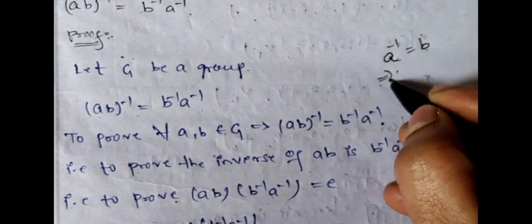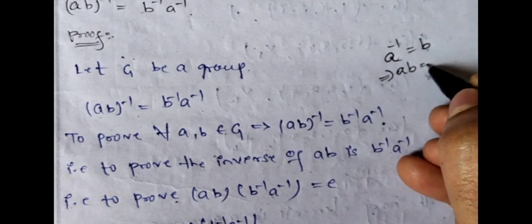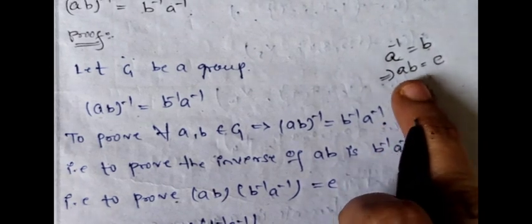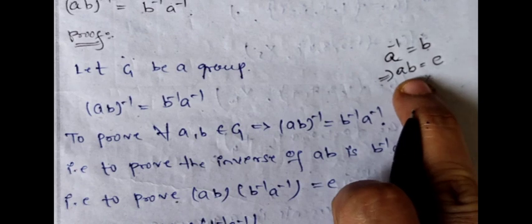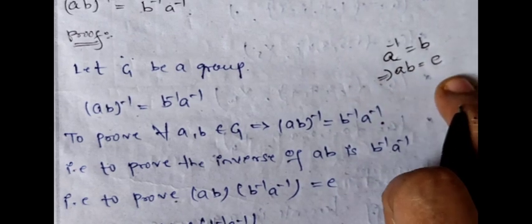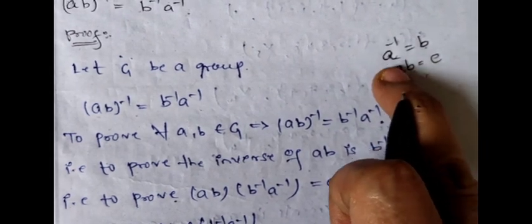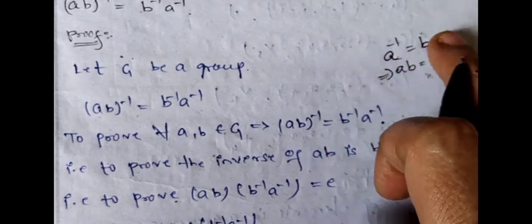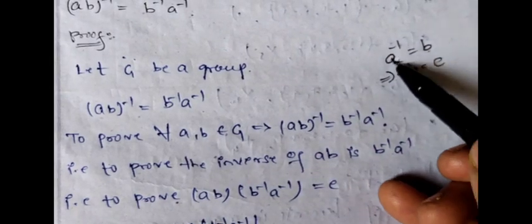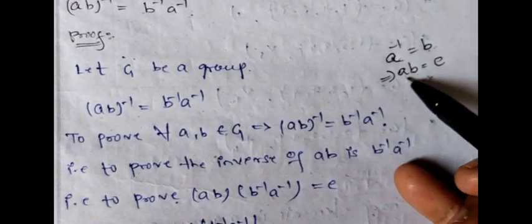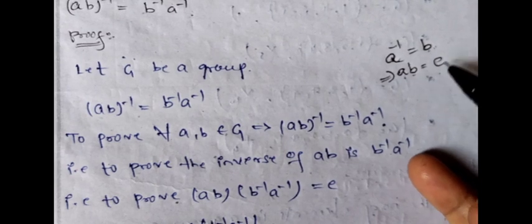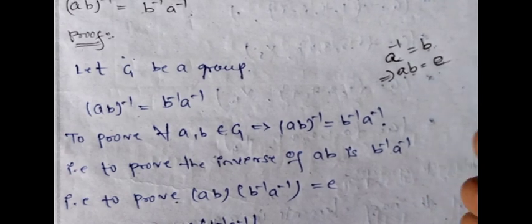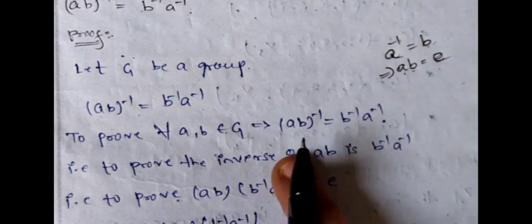By definition of inverse, A into B equals E. By the inverse property, when we multiply any element with A and the identity element comes, then we can say B is the inverse of A, that is A inverse equals B. So while writing A inverse equals B, we can also write A into B equals E, which is from the inverse property. The same condition we have to apply for this problem.